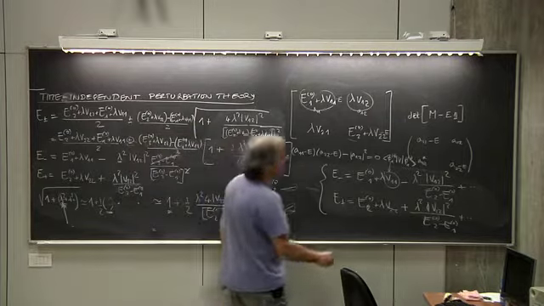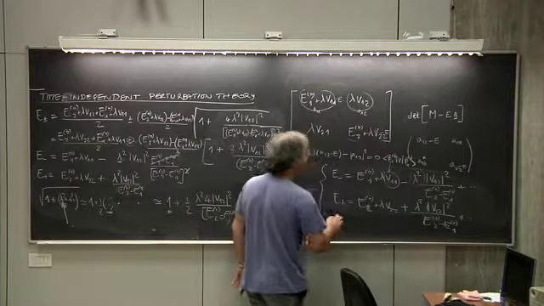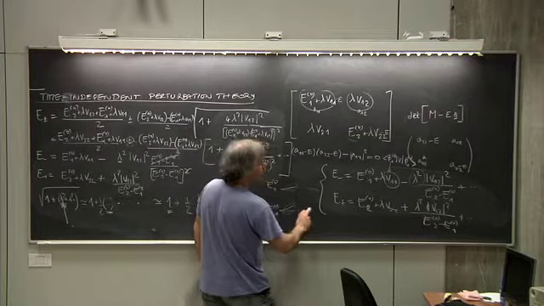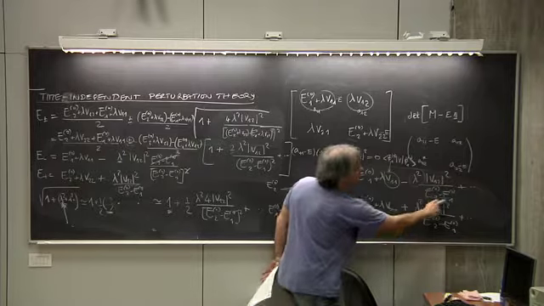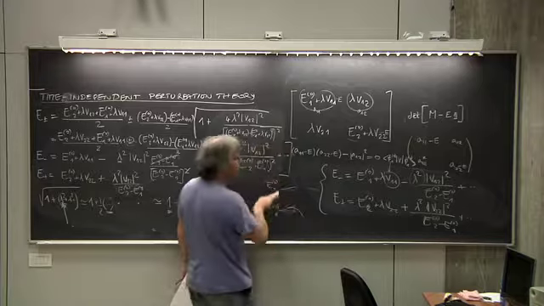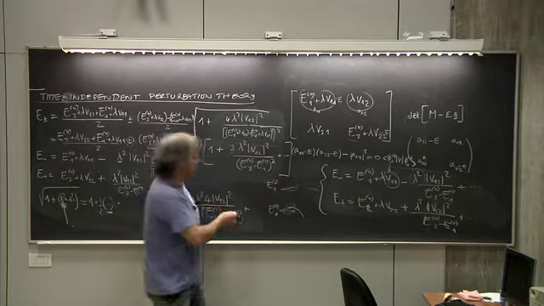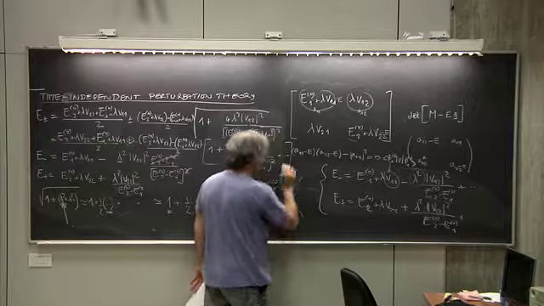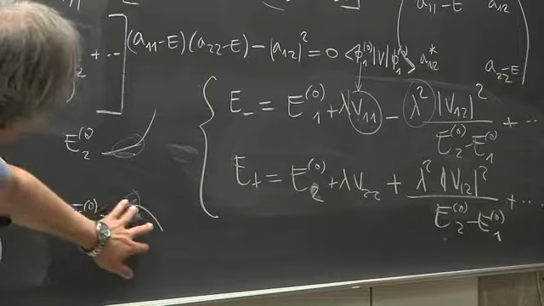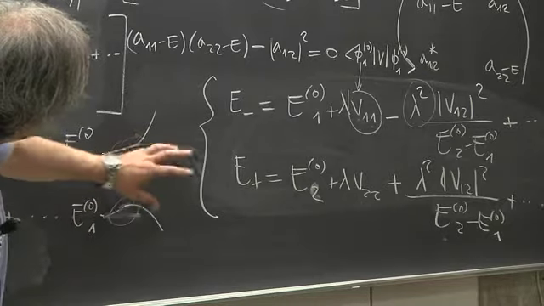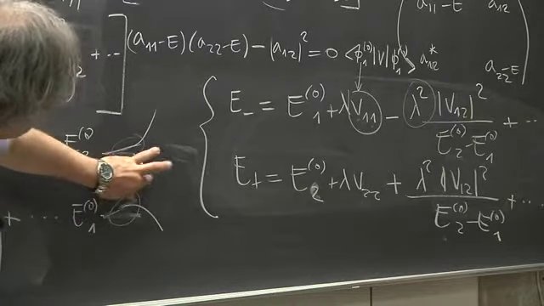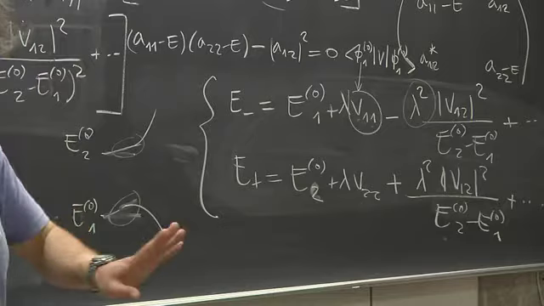But the nice thing is that there is also a square term that is opposite in the two. For the ground state, you see that everything here is positive. E2 minus E1 is positive. So the ground state tends to be shifted down, while the excited state tends to be shifted up by the square term. Obviously, once this linear and quadratic term grow big enough, you shouldn't rely on this any longer.